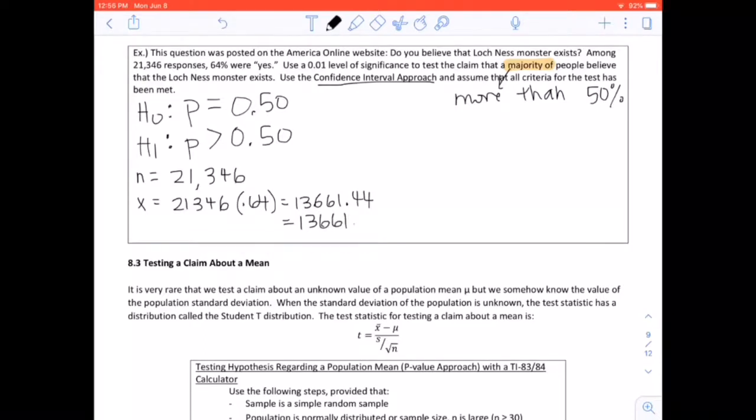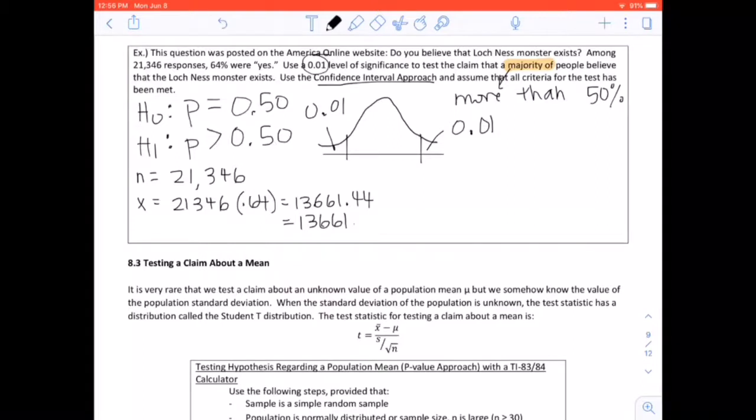Then we need to look at what our confidence level would be. Remember, with confidence intervals, that was always the middle part of the problem. Since this is a right-tailed test, alpha would be over here in the right tail, and alpha for us in this problem is equal to 0.01. Since we are dealing with a confidence interval, I need to also have another line over here that's exactly the same value to make this a two-tailed test.